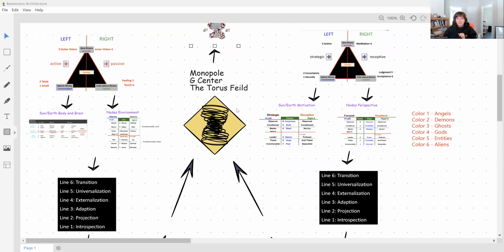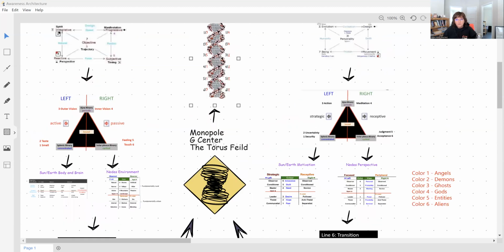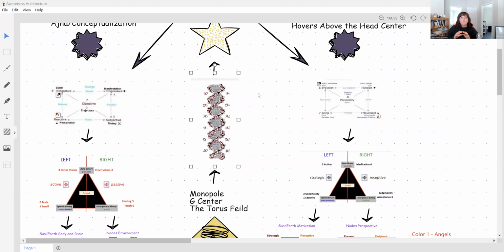And now what you get to do is go out and use your profile, your public role. You get to express your entire design, all of that architecture, through your public role, your profile, out into the world.